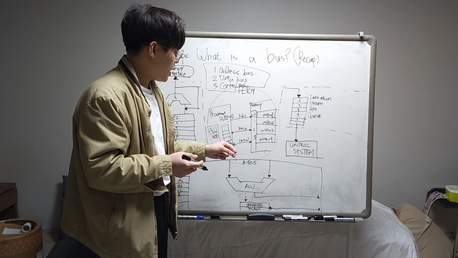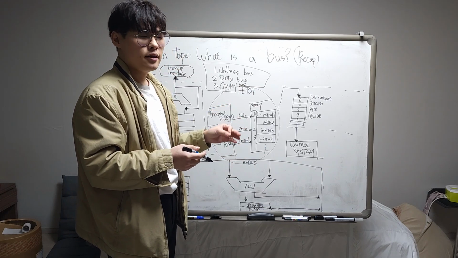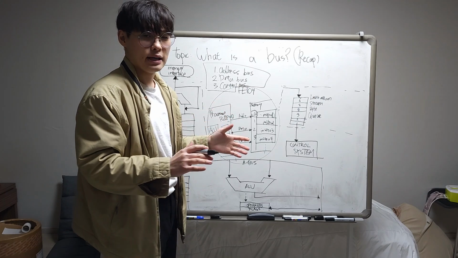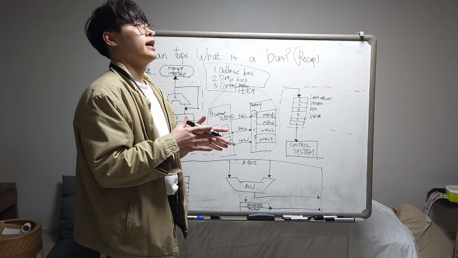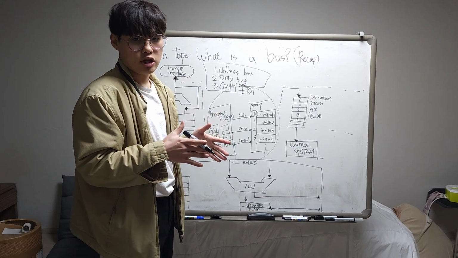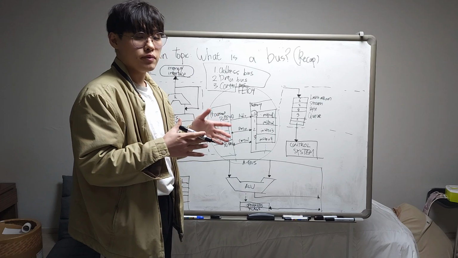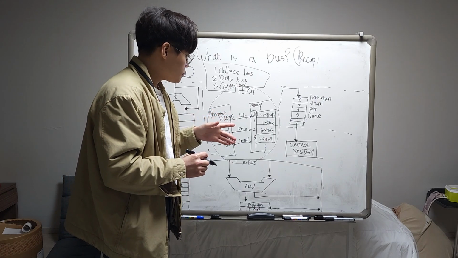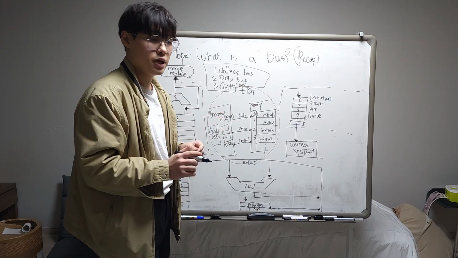But the thing is that the control signal is not normalized. It's just different. If you're in the x86 8088 architecture, but if you look at the 8086 architecture, there will be some difference, because the control signal is basically based on the CPU pins.